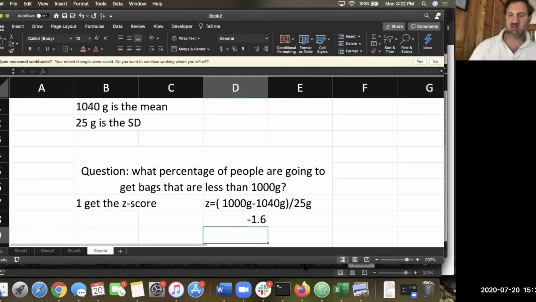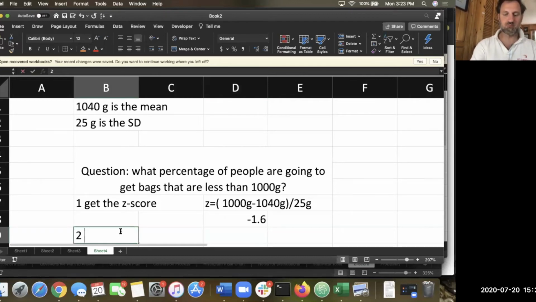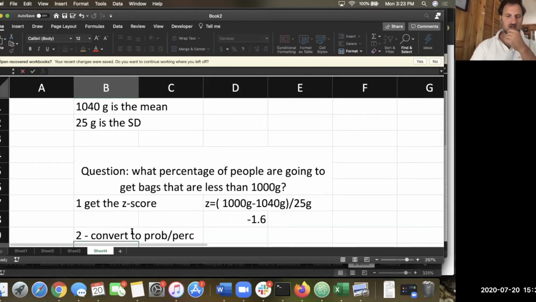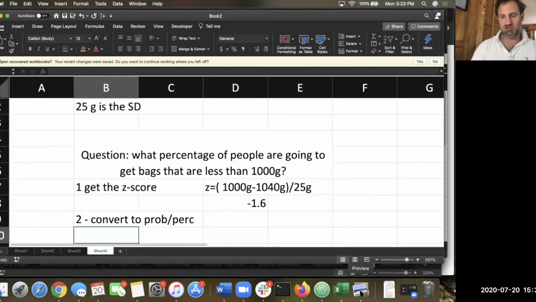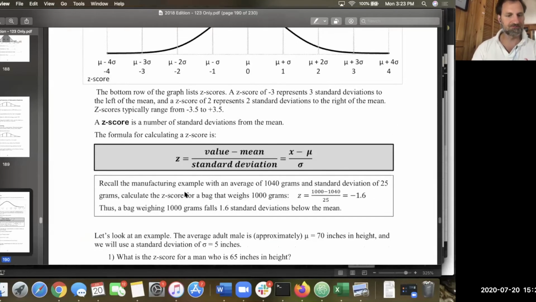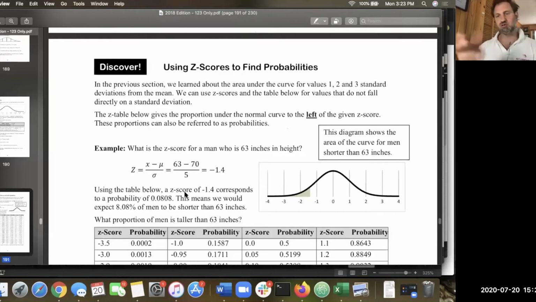So now we take that number. That's step one. Step two, we convert it to a probability or percent. To do that, we go to our formula sheet. I'm going to use the one in the book, but you can use your yellow sheet too.